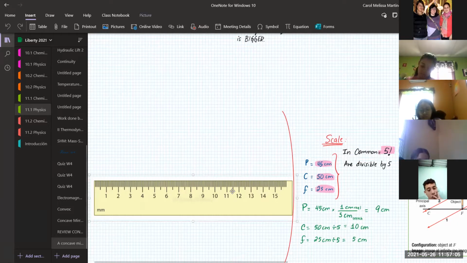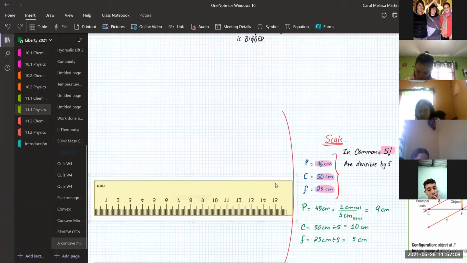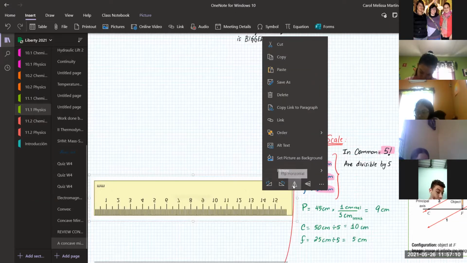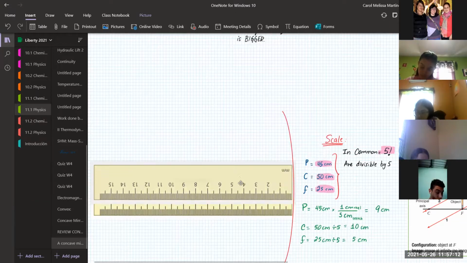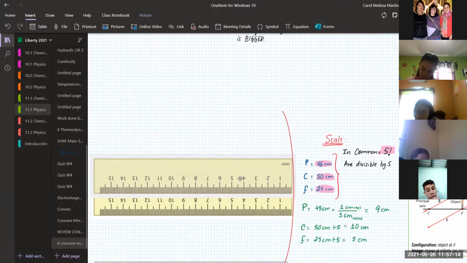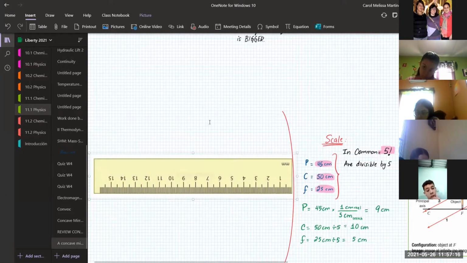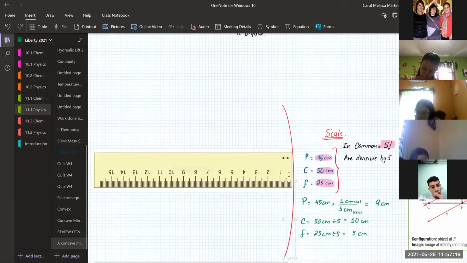And I'm going to put my ruler in a different way, like this. Okay, now I'm going to locate my mirror.